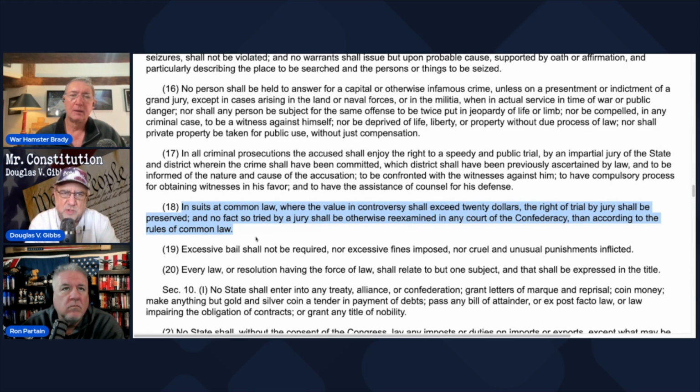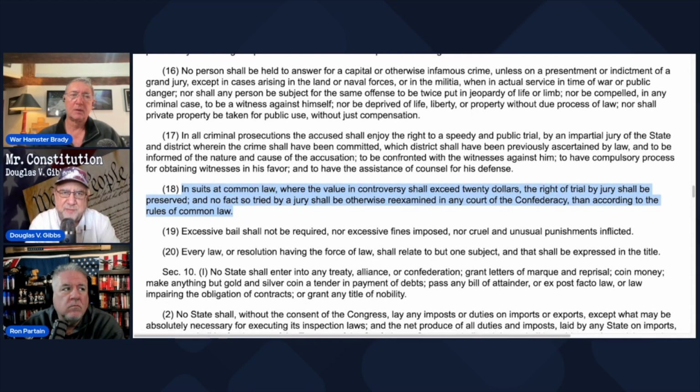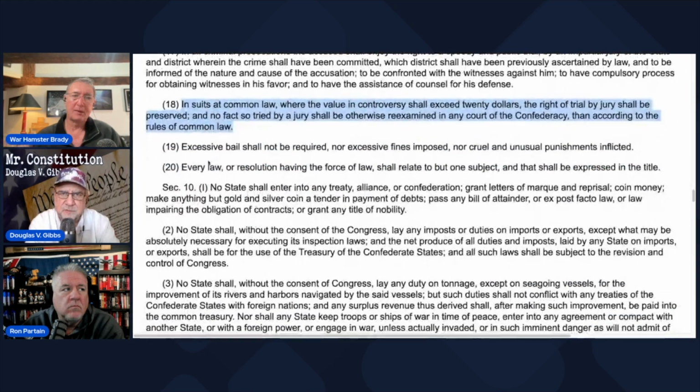Yeah, it's pretty much along with the 7th Amendment, and then 19 is right along with the 8th Amendment. Okay, but there is no 9th. I don't see a 9th or 10th. There is no 9th or 10th. And you don't need the 10th because they enumerated the Bill of Rights.